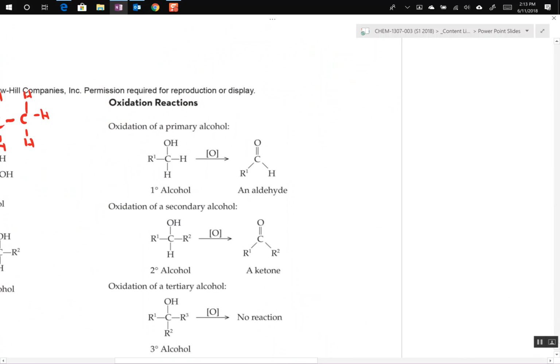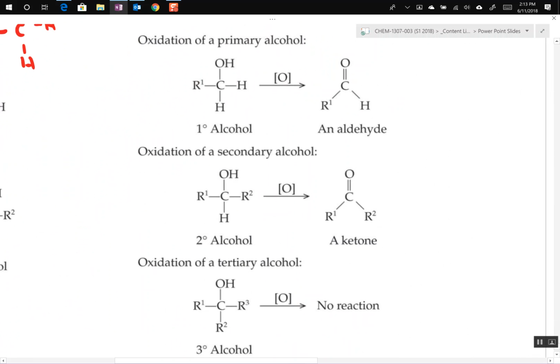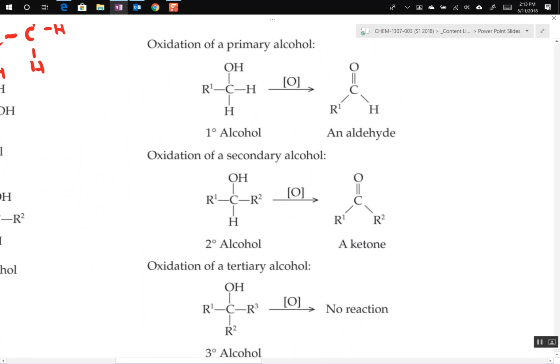So let's take a look at these three situations. A primary alcohol. What identifies this as a primary alcohol? Why can I call it that? So this carbon is connected to how many other carbons?